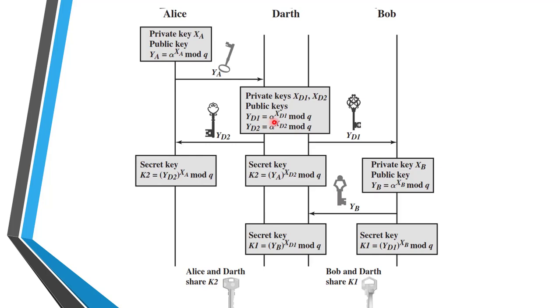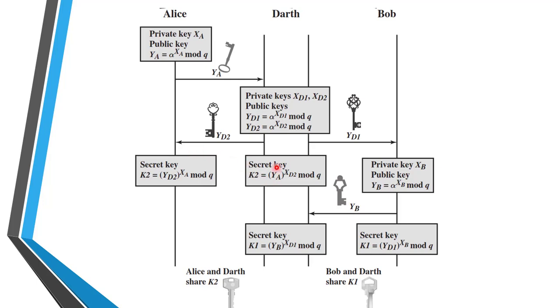Here yd1 equals alpha raised to xd1 mod q, and yd2 equals alpha raised to xd2 mod q, and Darth will give the public key yd2 to Alice and yd1 to Bob. Here the key should be ya instead of yd1, but Darth has intercepted ya. So yd1 is given to Bob, and here the key should be yb instead of yd2, but Darth has also intercepted yb. So yd2 is given to Alice.